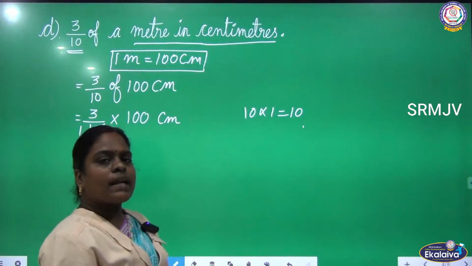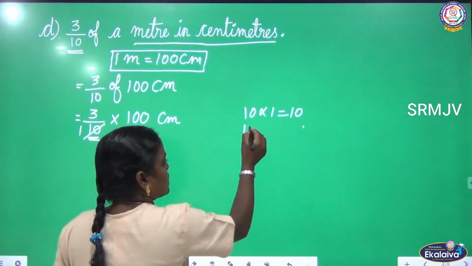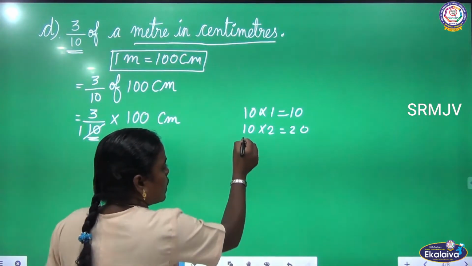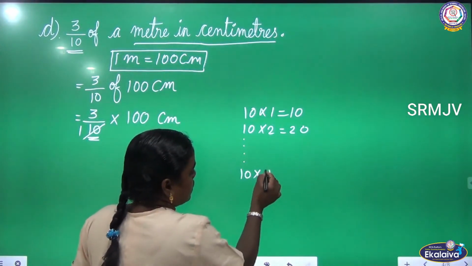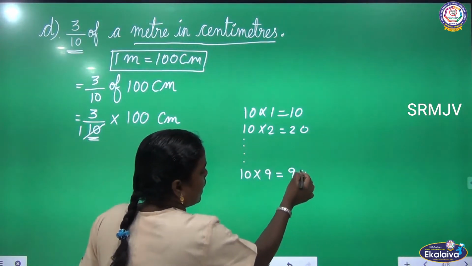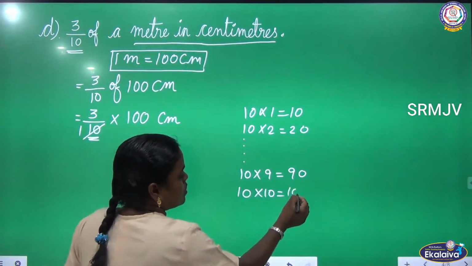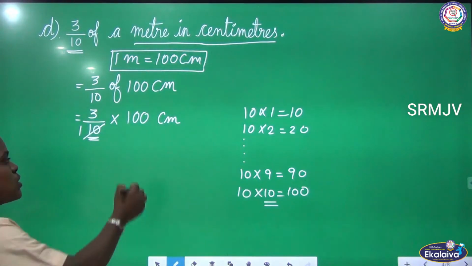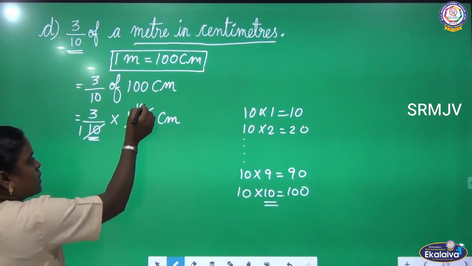When will you get 100 in the 10 times table, children? Just continue the table. 10 twos are 20. If you continue the table, you will get 10 nines are 90 and 10 tens are 100. So in the 10th time you are getting the product 100. So cancel the number 100 and write 10.